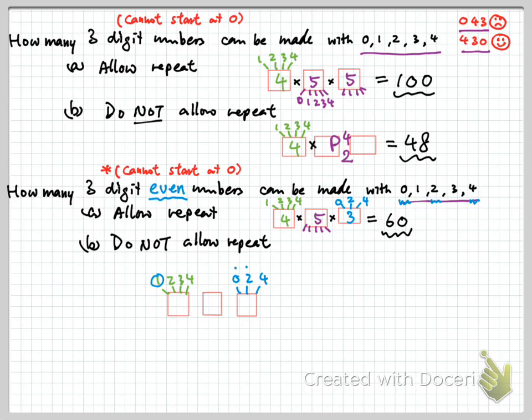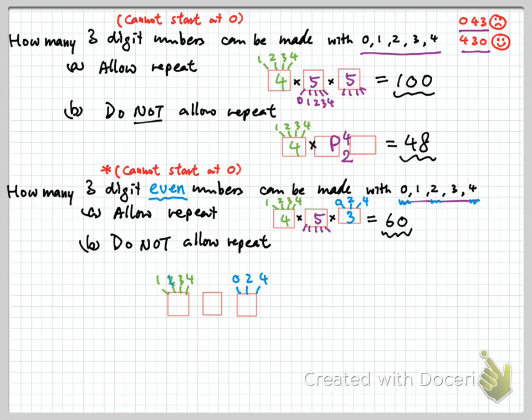So what I mean is the options for the blue box depend on what you took in the green box. Remember this. If you took a 1 or 3 on the green box, then there are 3 options for the blue box.